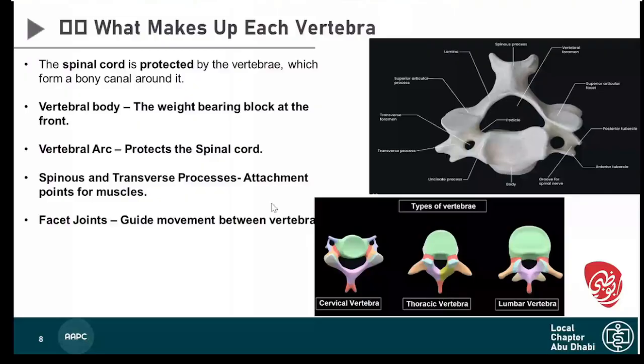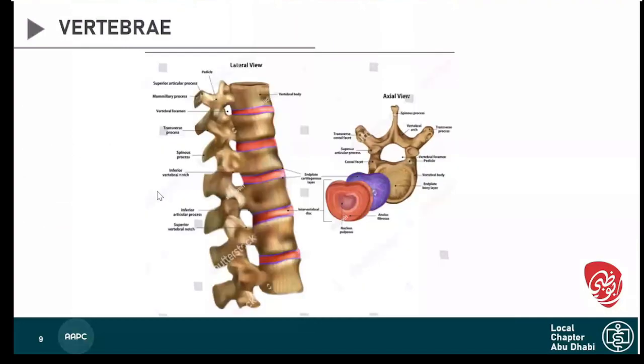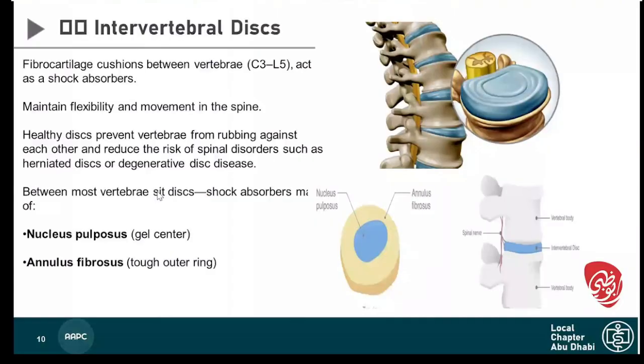I already told you there are lateral projections and a central projection, that is, the transverse processes and the spinous process, that act as attachment points for the muscles also. Then we move on to the other structural supports given to the spine. What are the structures that help in supporting the spine?